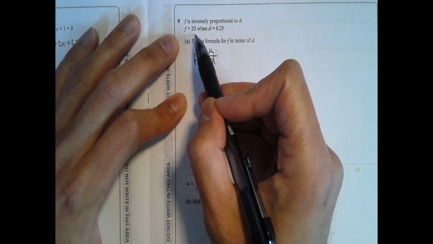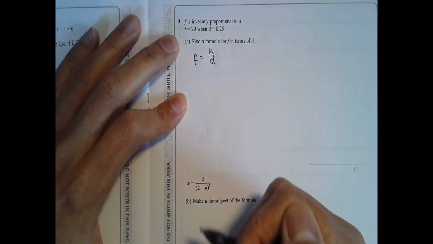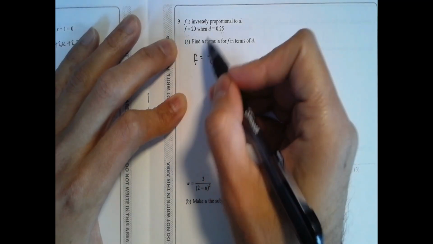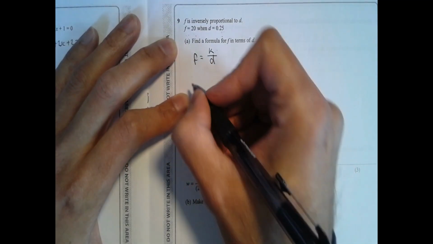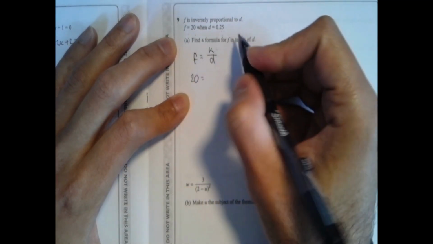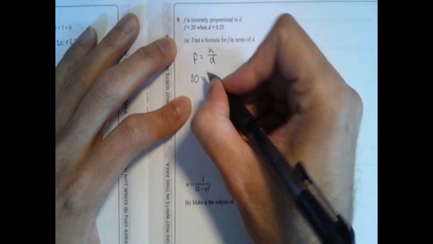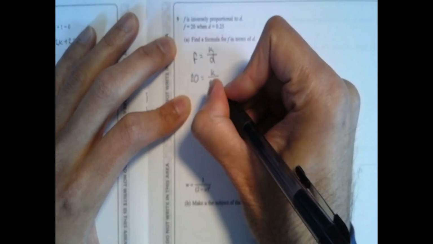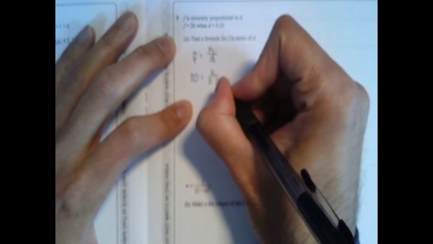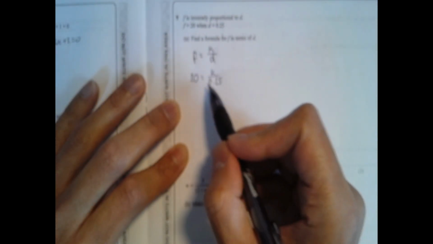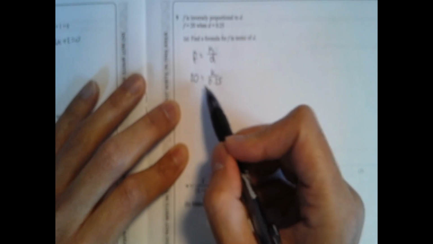So when f is 20, d is equal to 0.25. I'll replace the f with a 20, and then I'll substitute the d for a 0.25. So that's going to be k divided by 0.25. To work out what k is now, I need to multiply both sides of this equation by 0.25.